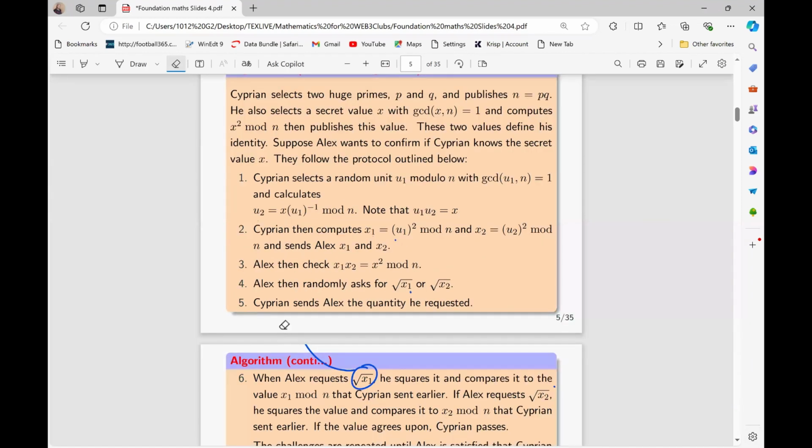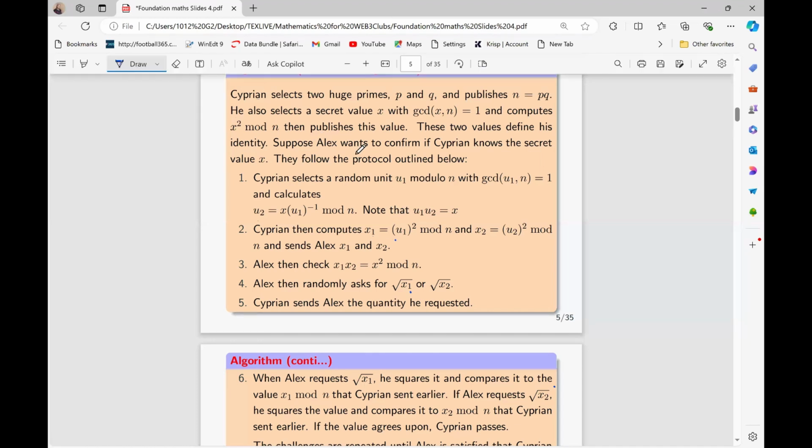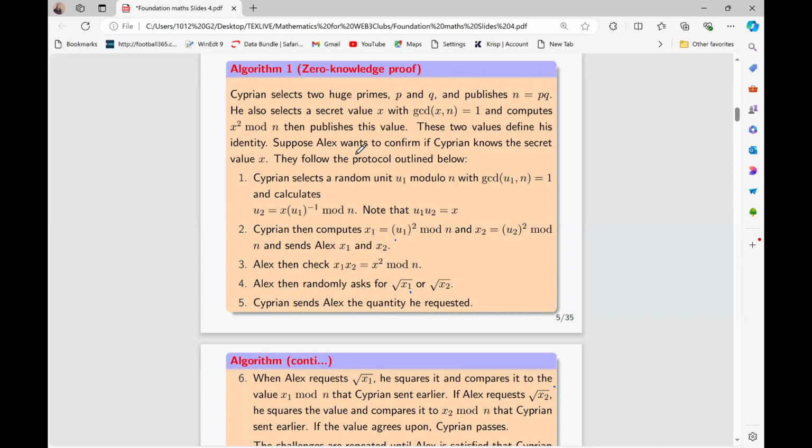Now, I just want to go through this algorithm again, and then I will show one example of how this algorithm is used to conceal some information. In this algorithm, I've used the square root, and I've already told you that getting a square root mod n is a very hard problem, especially when n is huge.